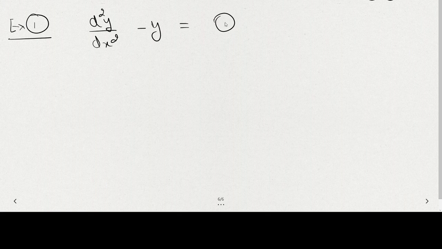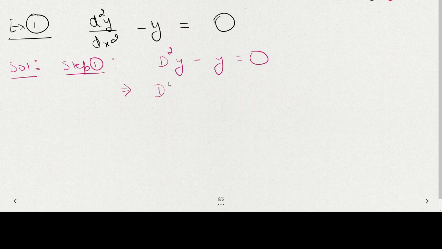Its solution: step 1 is to write this equation in operator form. So it will be D^2 y minus y is equal to 0, so (D^2 minus 1) y is equal to 0.